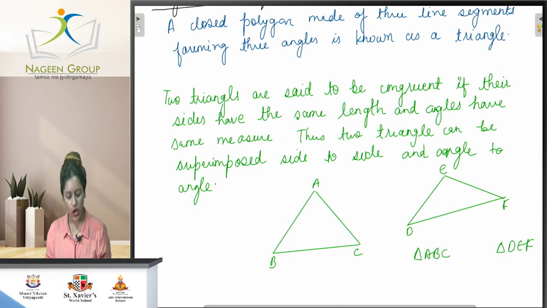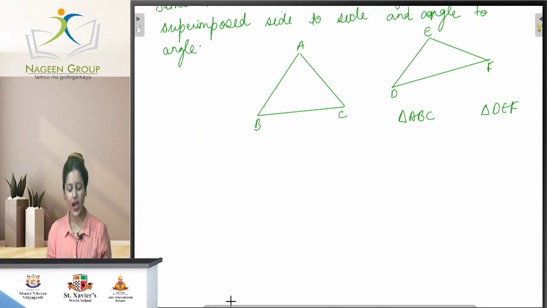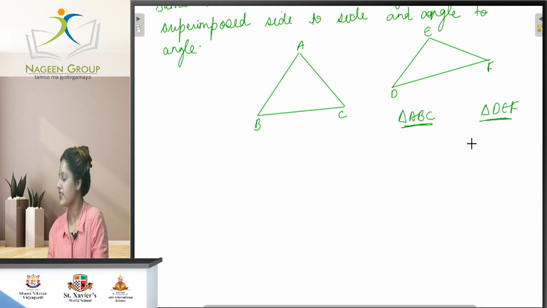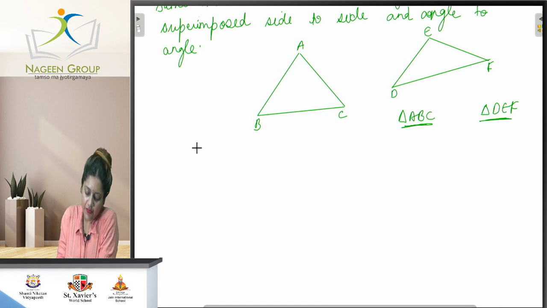First of all, we are going to learn about vertices. If we name the triangles as triangle ABC and triangle DEF, then in the same way, which vertices are congruent?